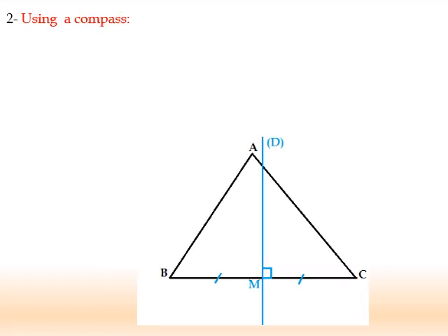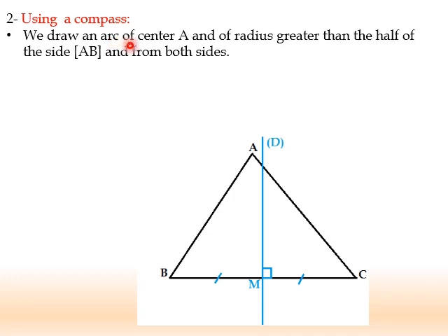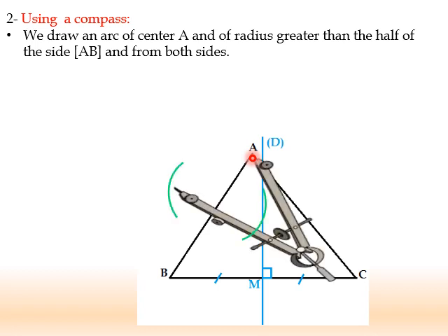The second method of drawing a perpendicular bisector is using a compass. We draw an arc of center A and of radius greater than half of the side AB from both sides. Since I'm going to draw the perpendicular bisector of AB, I have to open my compass as we did before. First, put the needle of the compass on the first extremity, which is A, and draw an arc on both sides of AB.